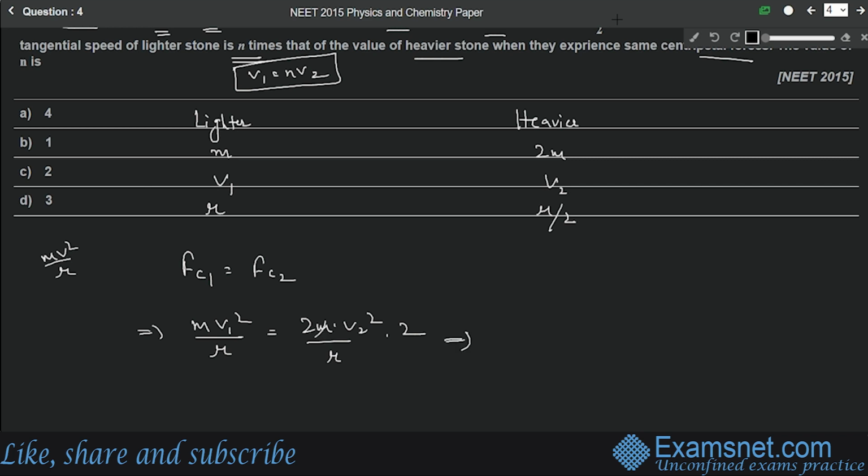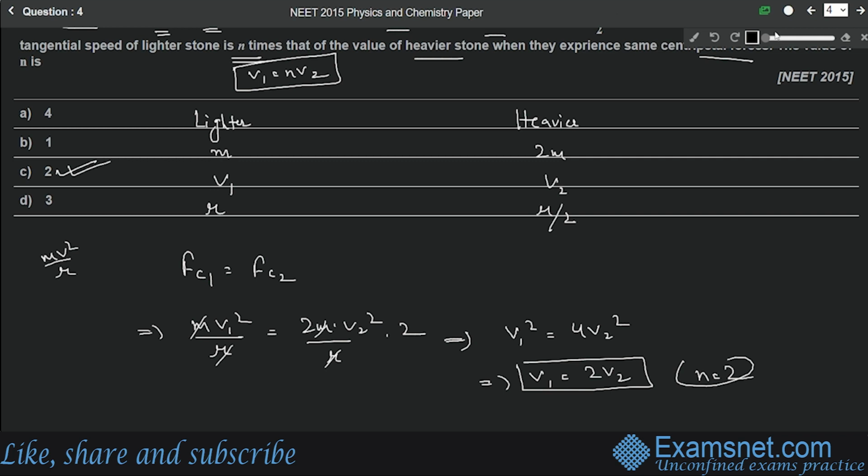So m will be cancelled, r will be cancelled. What will be left? v1 square equals 4v2 square. So from here we can say that v1 is equal to 2v2. It was given that v1 is equal to nv2 and here we have got v1 equals 2v2. That means n is equal to 2. So option C will be the correct answer.